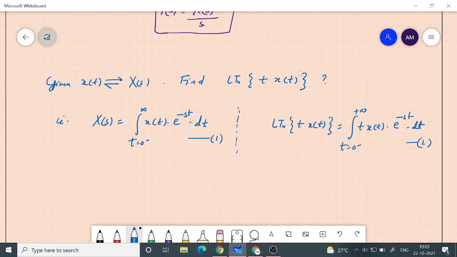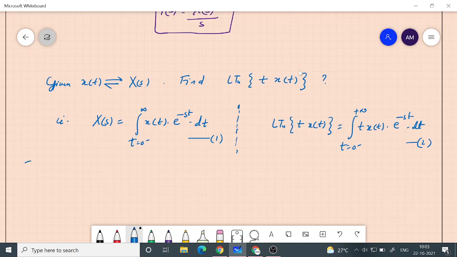Now, starting from equation 1, how can we arrive at the right hand side? One simple method is that if you take a derivative of the first equation with respect to s on both sides, then the t will come out, and it will begin to look like this. That is the approach we will take to solve this problem.